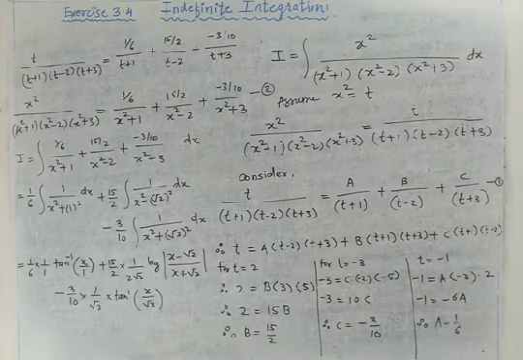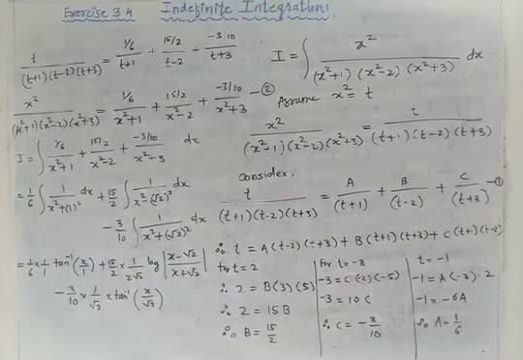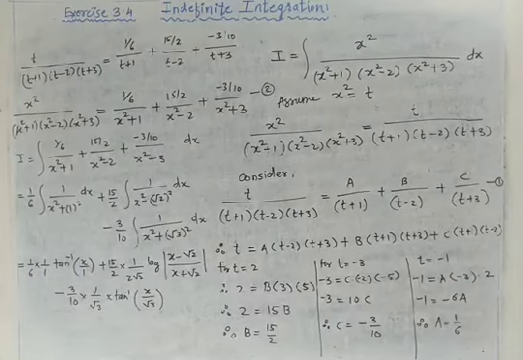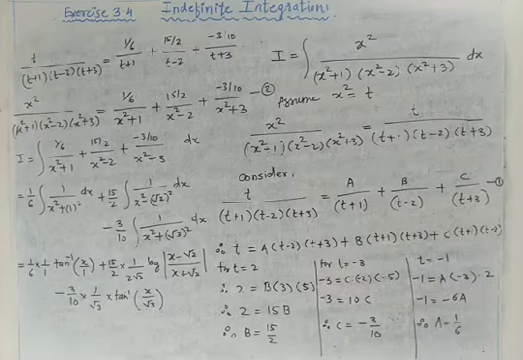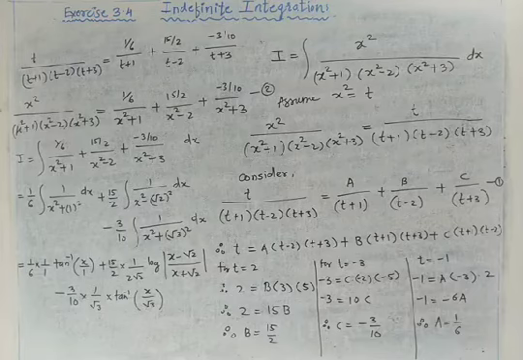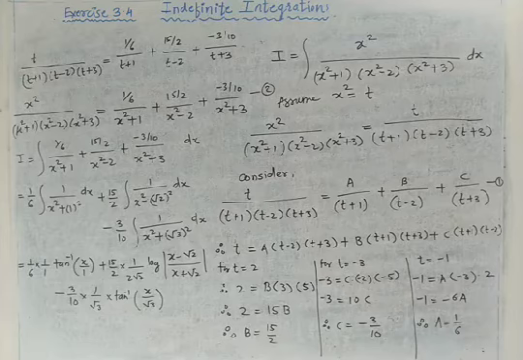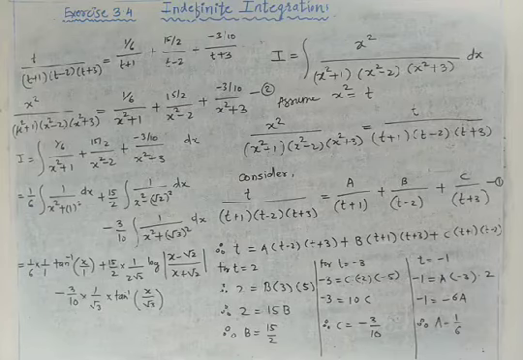Okay, so please check the solutions properly. And don't forget to write plus C. Okay, so from the first step to the last step, revise the steps and check how the values of A, B, C we got.